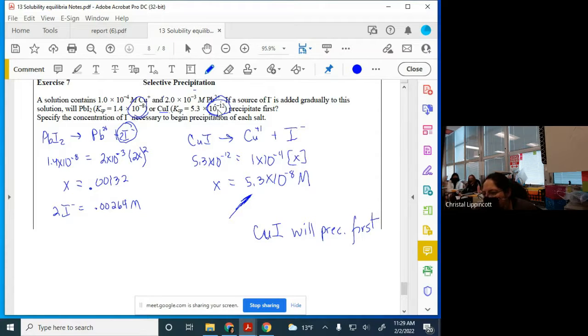Because the lower the number here, the less you can have that's going to come out as ions. The smaller that number is, the more this side of the reaction is going to be favored.